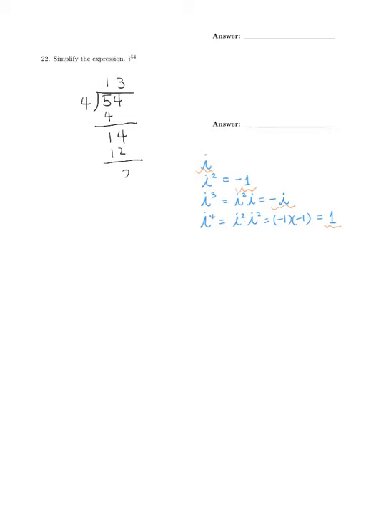So the remainder is 2. Right, so let me just box this. So therefore, remember the 3 dots means therefore, i to the 54 is exactly the same thing as i to the second power. But what's i to the second power? That's -1. So -1 is going to be our answer.